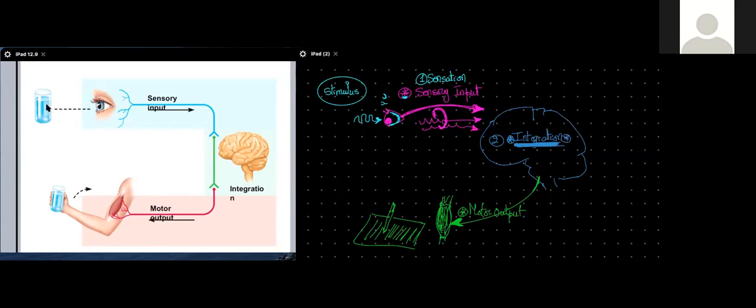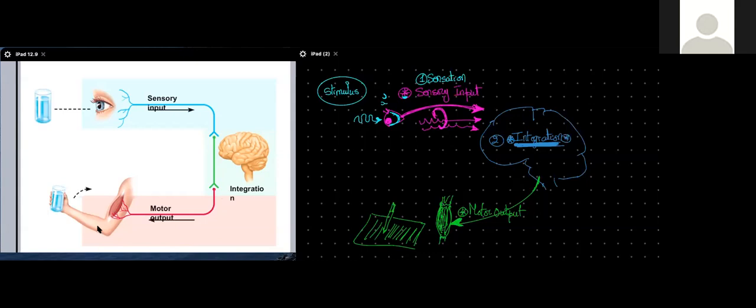I did integrate the information that I'm collecting from outside with something that I already have inside. And accordingly, I decided to grab this glass of water. So in order for me to grab the glass of water, I will be sending out motor impulses to my skeletal muscles that allow me to grab this glass of water.